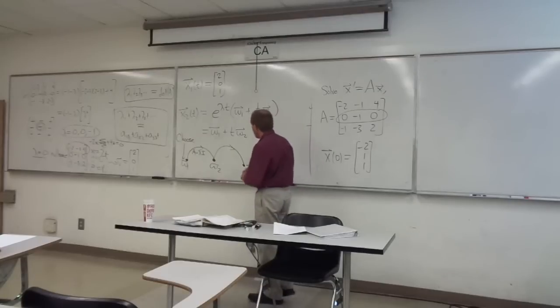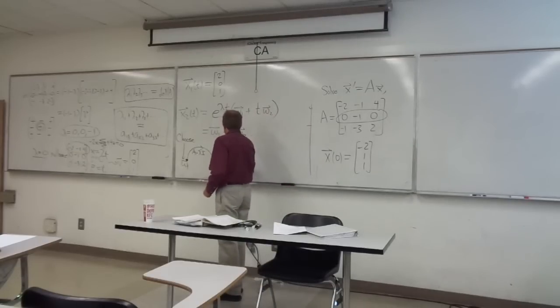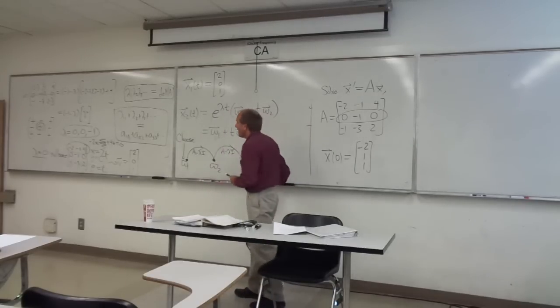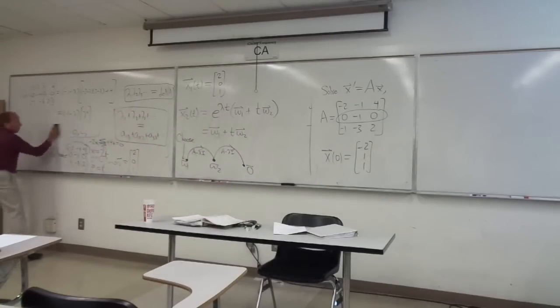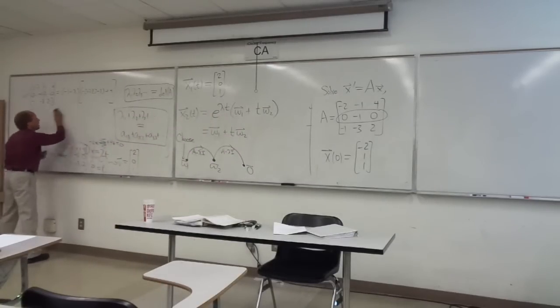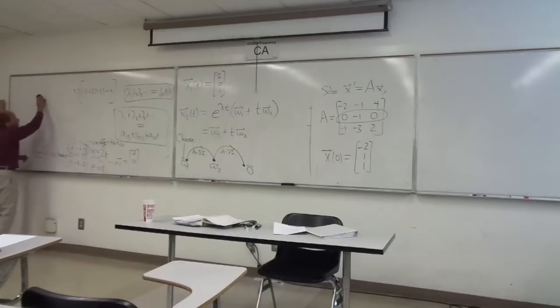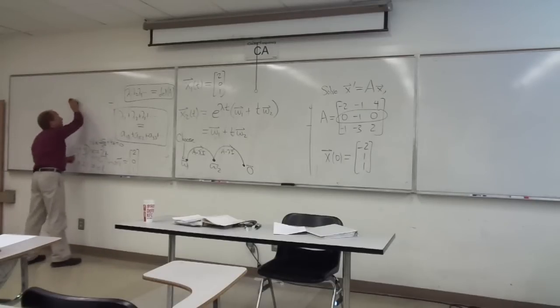Now, in this case, lambda itself was just 0. I'm going to come back over here again. I'm trying not to use that far board because I don't think it's as easy to see on the camera.